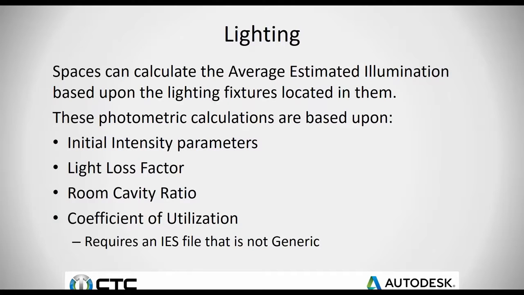The space calculates its room cavity ratio, and then the light fixture also has a coefficient of utilization. One of the issues that I've noticed is that you must have an IES file associated to the light fixture in order for that to calculate something other than 0. And I'll show that here in just a minute.